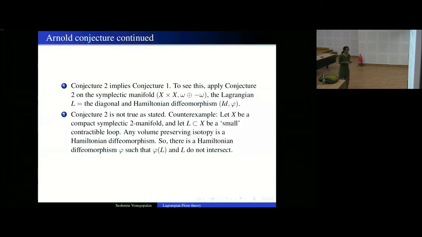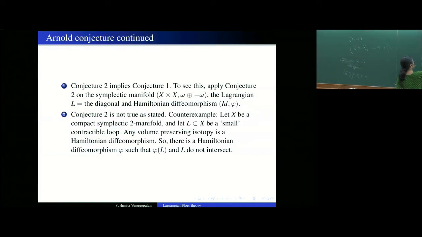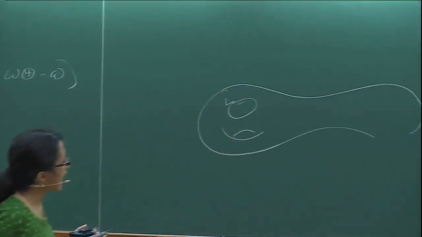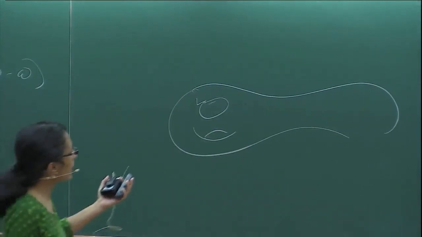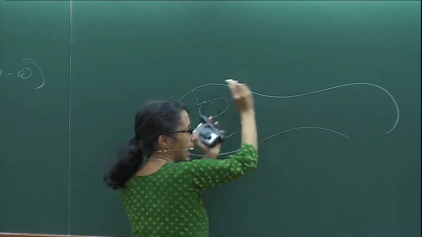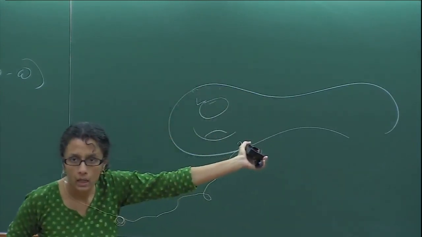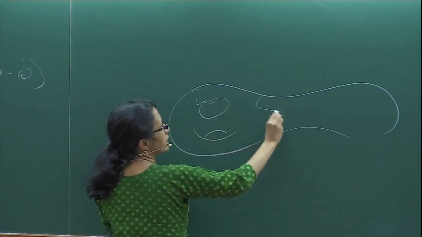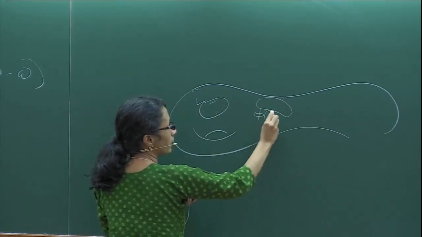Let me take a small loop, which is my Lagrangian, which is contractible, and by a Hamiltonian diffeomorphism, I can move this contractible neighborhood to a contractible neighborhood a little far away. I can take this loop small enough so that there exists a Hamiltonian diffeomorphism which moves this loop totally away from itself so that there are no intersections at all. That's what the counterexample says.